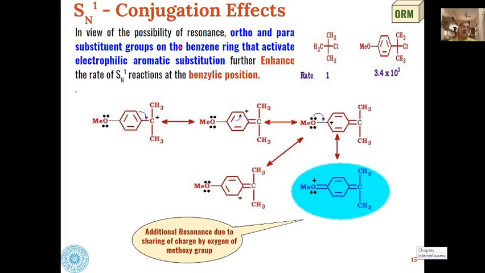Similarly, if on the benzylic aromatic ring we add electron releasing groups at the ortho or para positions, they activate the ring like we see in electrophilic aromatic substitution, and hence the rate of reaction is enhanced very much by addition of these electron releasing groups at either ortho or para positions.